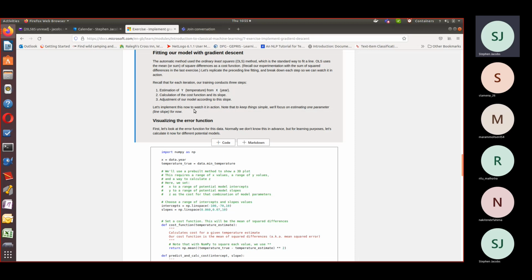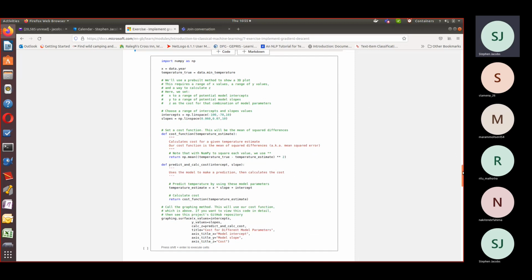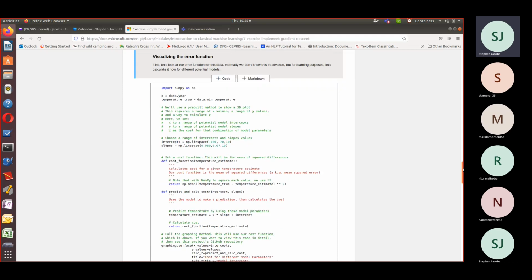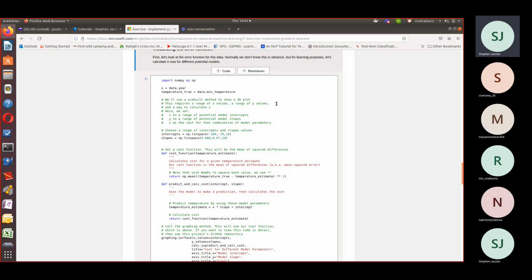So let's implement this now to watch it in action. Note, to keep things simple, we'll focus on estimating one parameter, the line slope, for now. We're not going to be looking at the intercept. I say that will come later. It's a kind of final polishing approach. So, as before, we're going to import numpy as np, which just means we can use the shorter version, np.